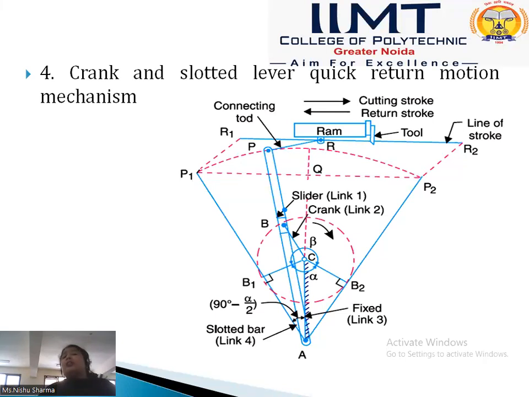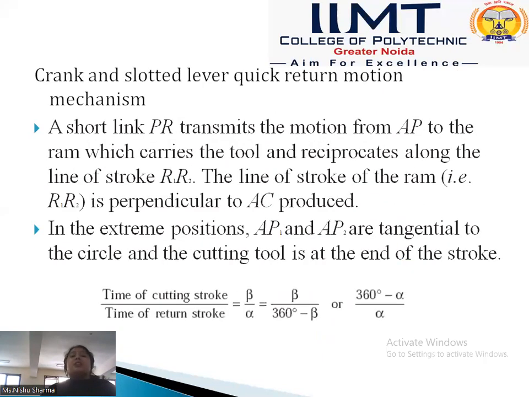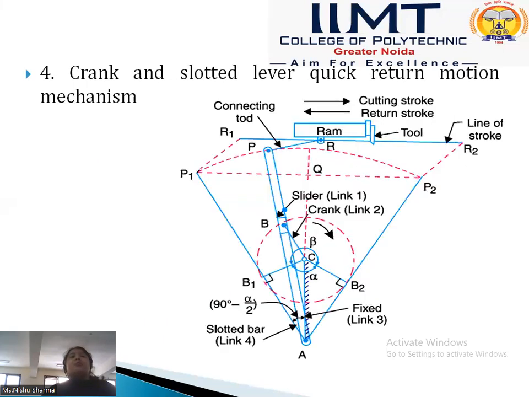And when the crank moves from CB2 to CB1 in a clockwise direction and makes an angle alpha, the return stroke is formed. We see that beta is greater than alpha, because the time of the cutting stroke is always greater than the time of the return stroke, since in the cutting stroke the material is cut. In the extreme positions of the slotted bar, AP1 and AP2, the bar is tangential to the crank circle.